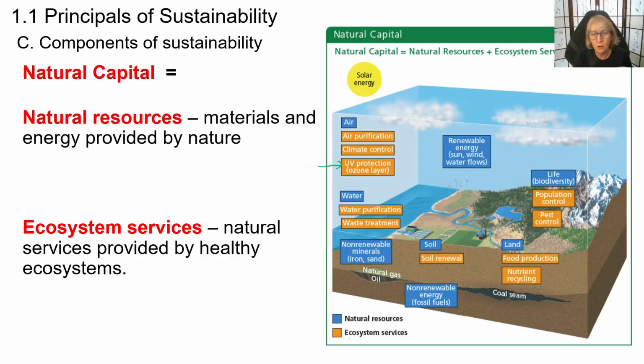Things like the ozone layer protecting us from UV radiation from the sun, the fact that the soil will renew itself over time if we use it sustainably and take care of it, the fact that nitrogen and oxygen and carbon are available to us in things like sugar and proteins that we actually need, that's actually provided to us by the systems already in place in the natural world.